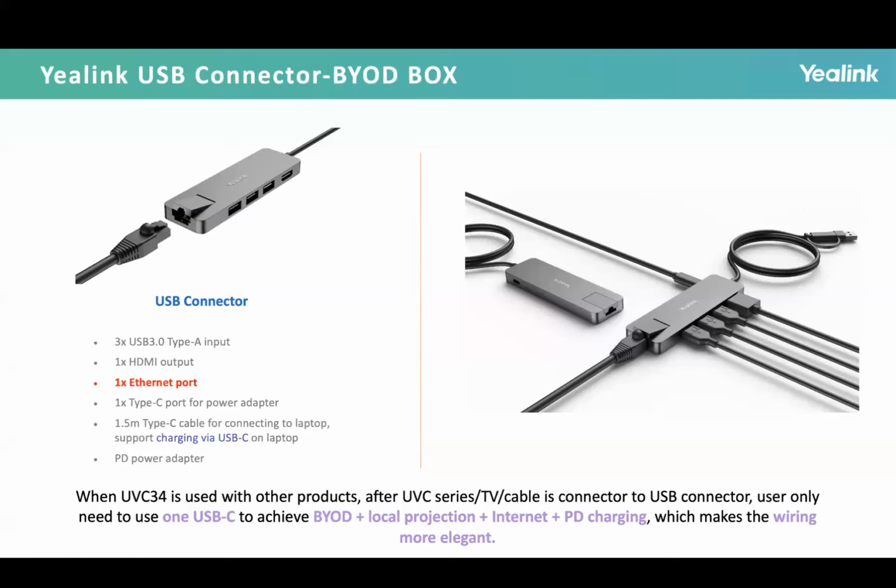So you won't have a lot of cables lying on the table. You can put the box inside your cable cubby or under your desk, and have a single cable coming out of the perforated hole in the table. That's the beauty of the BYOD box, and it helps in cleaning up a lot of the tables and keeping the aesthetic.